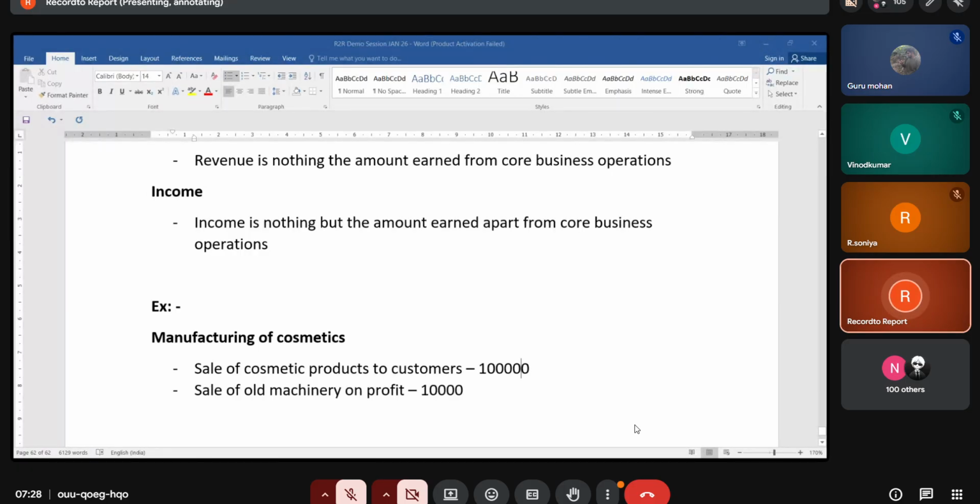So cosmetics is the direct revenue for the company and will be treated as revenue, and this will be treated as income.